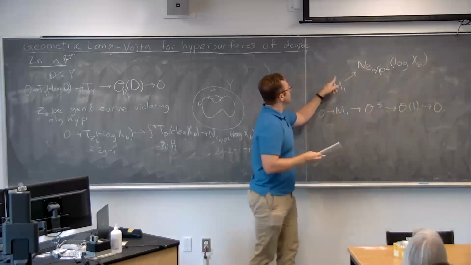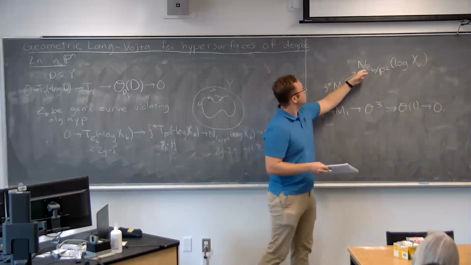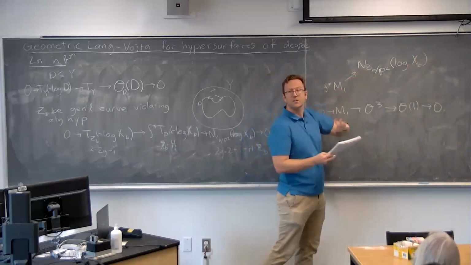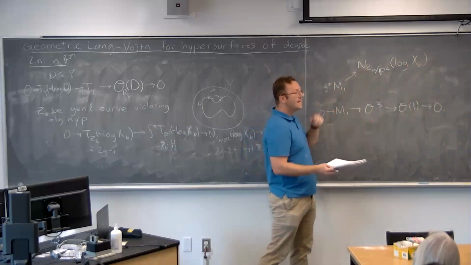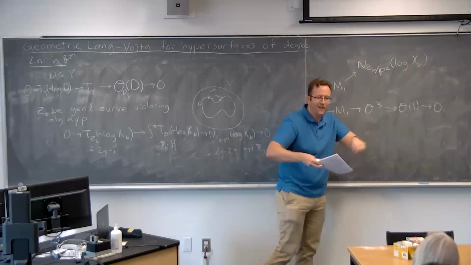If M1 is slope stable, it's a bundle on a curve, then you get the right bound on the degree, and then you get the results. And if it's not slope stable, then you turn the crank and go through this construction.